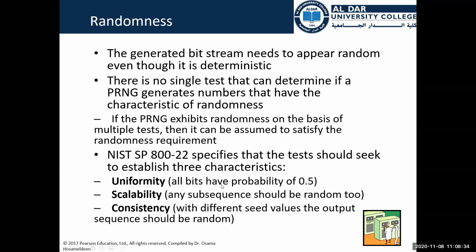Uniformity, this means all bits have a probability of 0.5. Scalability means that any subsequence should also be random. And consistency, this means with different seed values, we get totally different bit streams. These characteristics of randomness are enforced by the tests of the special publication 800-22 of the National Institute of Standards.